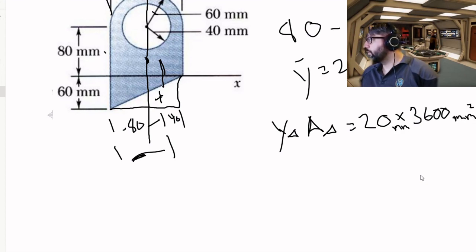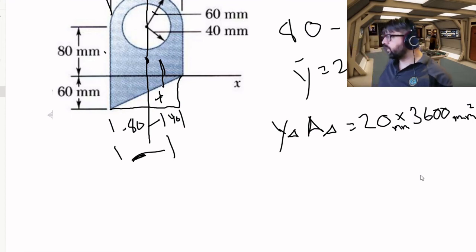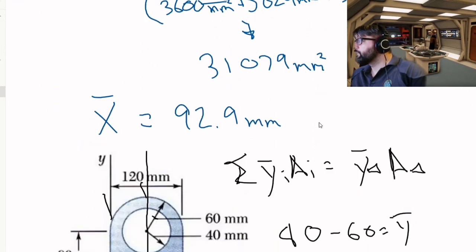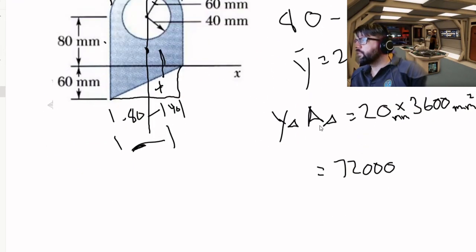I forgot to throw the millimeters in there. So 3,600 times 20 millimeters. That is 7,200, which I guess isn't all that surprising. It's the same value we got from here. We're kind of doing a similar thing.